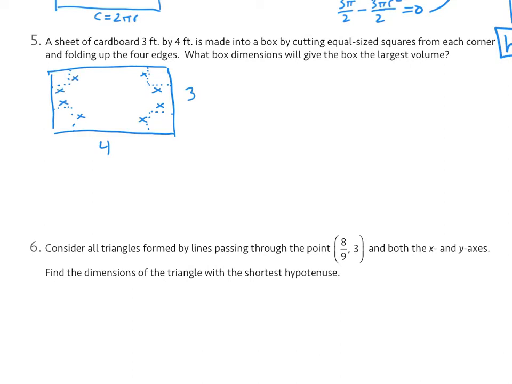After you cut those sides out, you're going to have a shape that looks like this. One side was 3, but we took away x on that side twice. So now it's 3 minus 2x. One side was 4, but we took away x twice on that side as well, so you have 4 minus 2x.